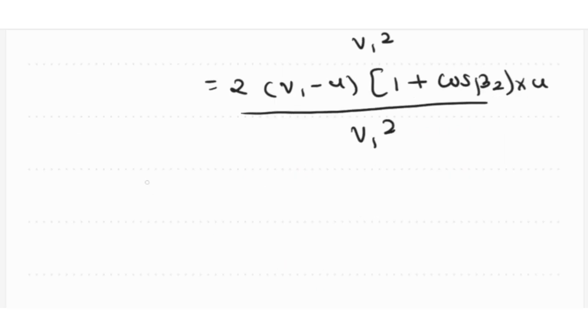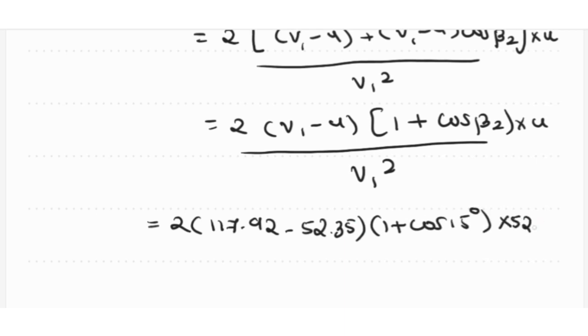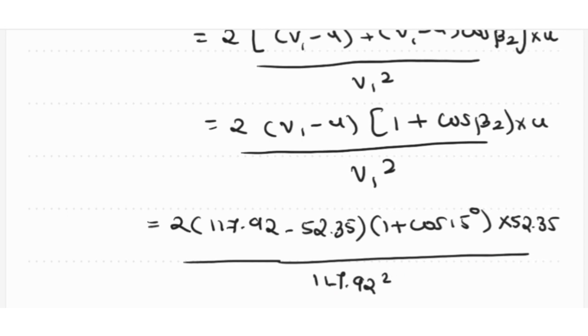So we'll get 2 into v1 which is 117.92, minus u which is 52.35, into 1 plus cos of 15 degree, into 52.35, divided by 117.92 whole square.